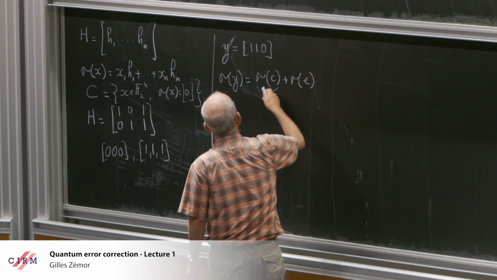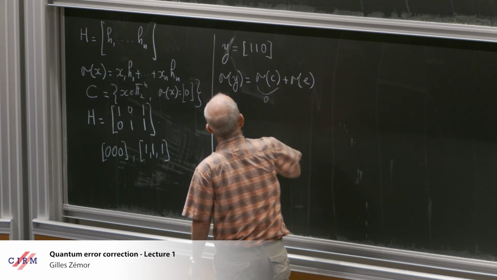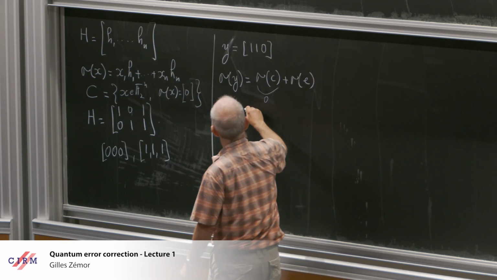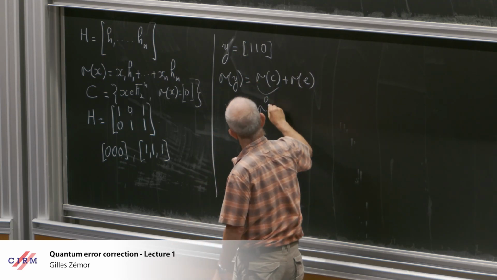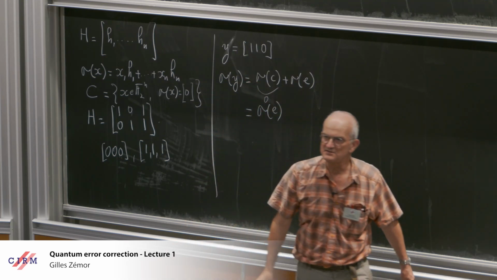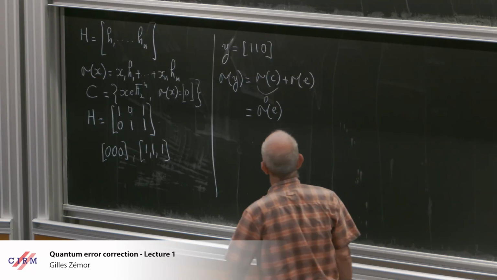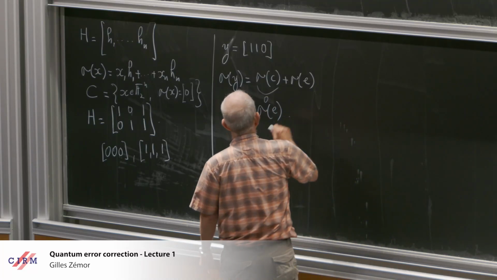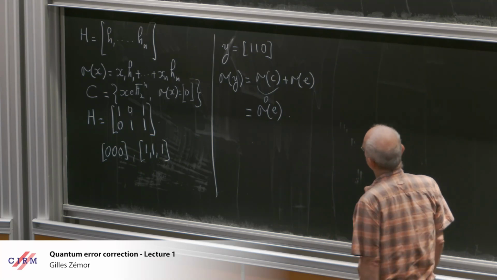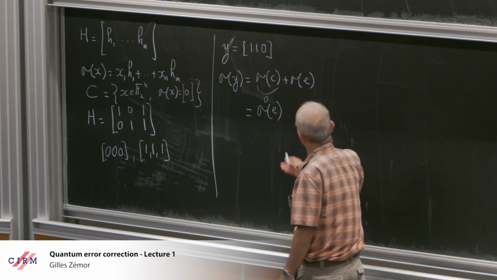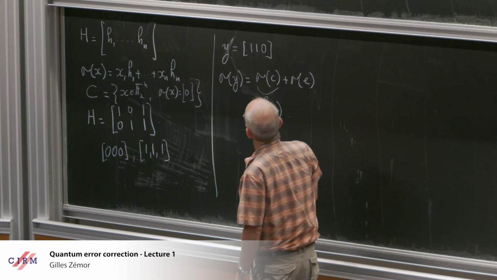And syndrome of c, if c is a code word, by definition is 0. So you compute the syndrome of the received vector, it's always going to be equal to the syndrome of the error. And then to decode, all you have to do is figure out what is E from syndrome of E.